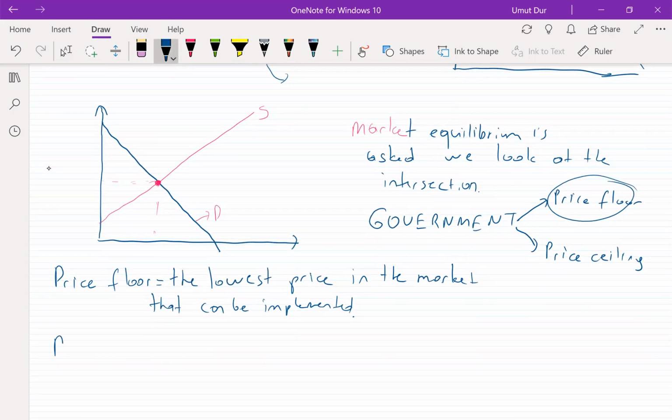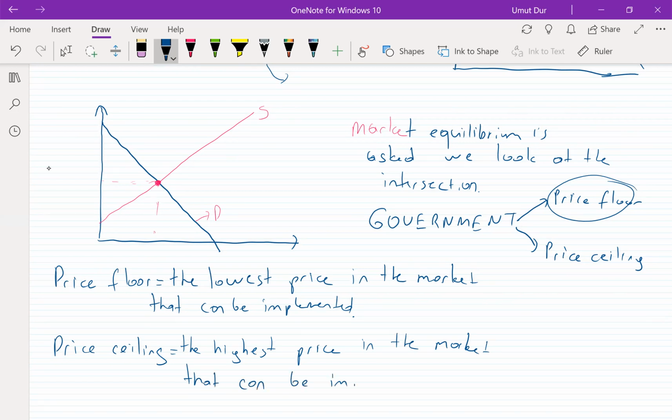And the price ceiling is just the opposite. It is the highest price in the market that can be implemented.